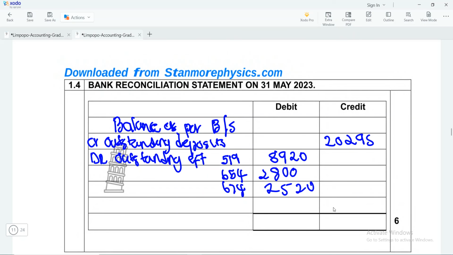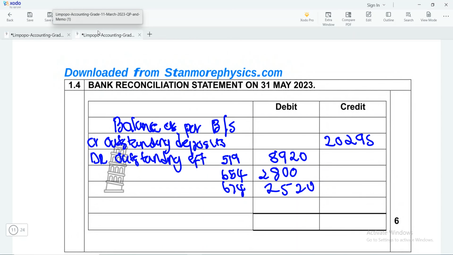One thing that I would also like to highlight, remember whenever you do bank reconciliation, as soon as you get your statement, you are going to compare your receipts with the credit side of the bank statement, and you compare your payments with the debit side of the bank statement, so that you can see which ones are not reflected.